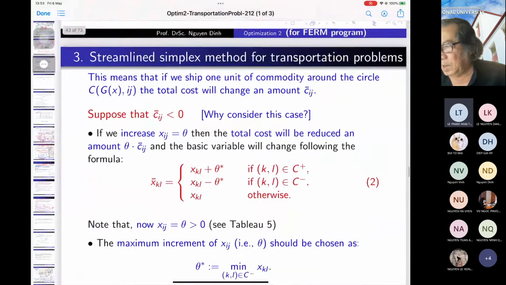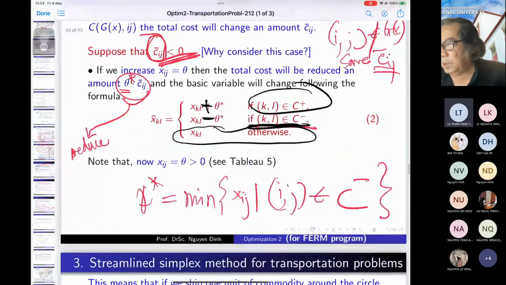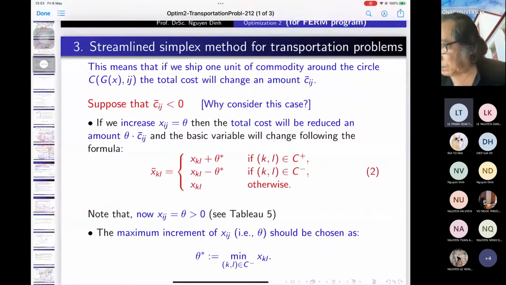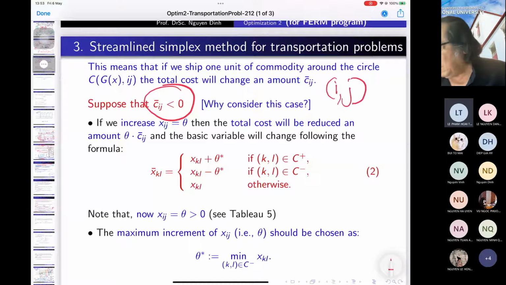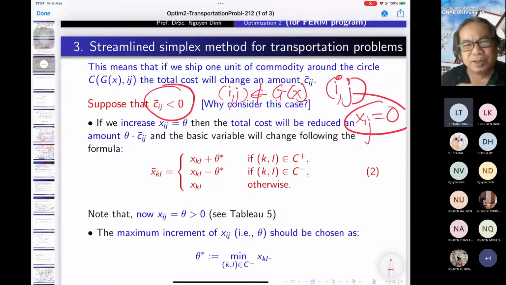Suppose that there is some c bar ij. Then at the cell ij, which does not belong to GX, xij at that time is equal to 0 because it is not a selected cell.